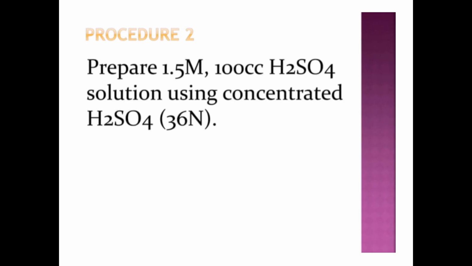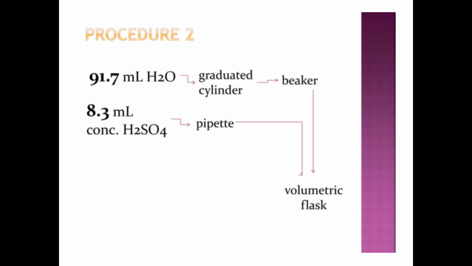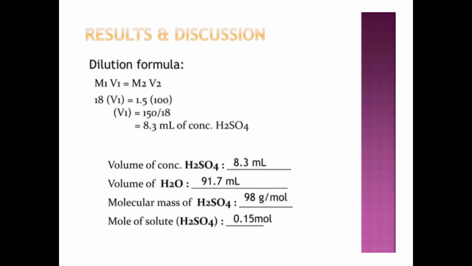So that means to get the molarity of this, we are going to divide the normality over the basicity, and the basicity of H2SO4 is 2, because you are going to have 2H plus and SO4 2 minus. Therefore, the molarity will now be the normality divided by basicity, which is 36 over 2, and that will give us 18. If you check very well, that's why we are having 18.